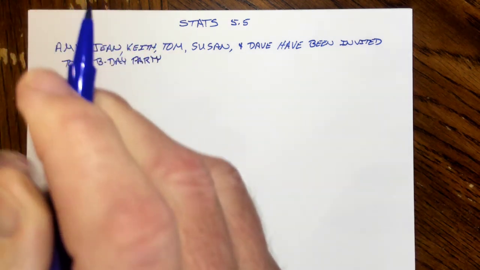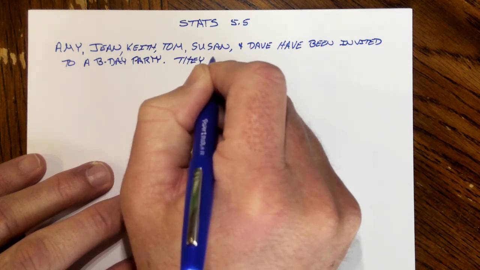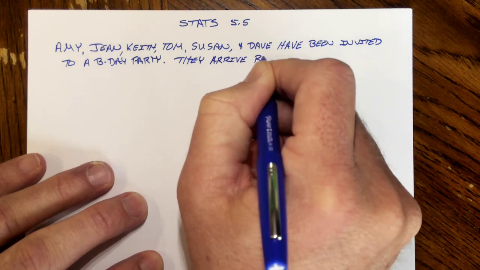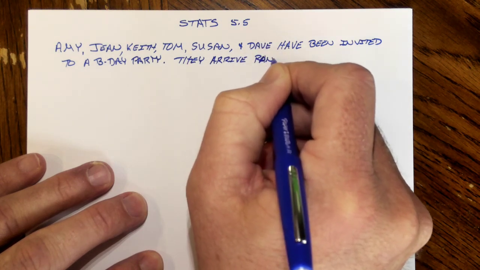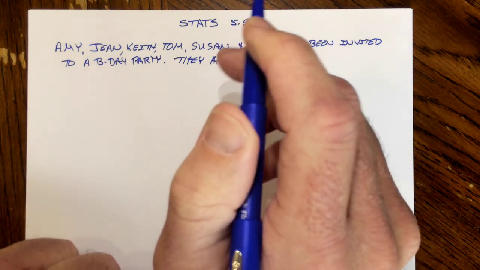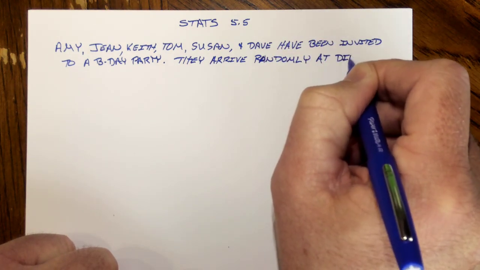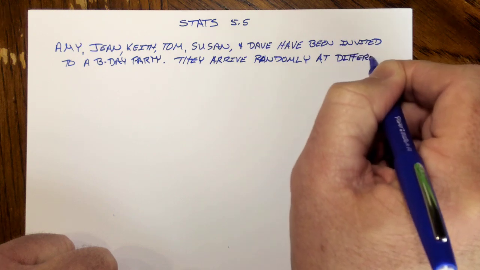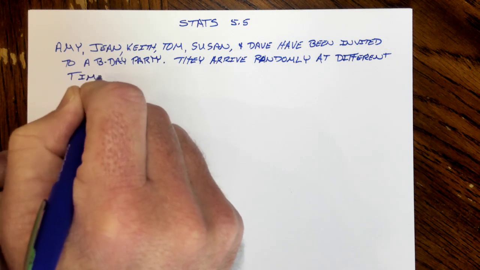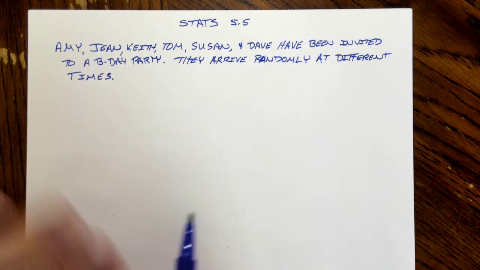They arrive randomly, at different times, each one. So nobody's riding together, all individual. How many ways can they arrive?